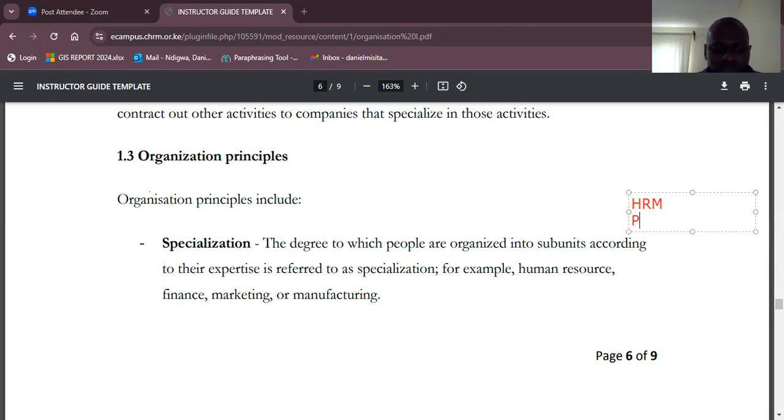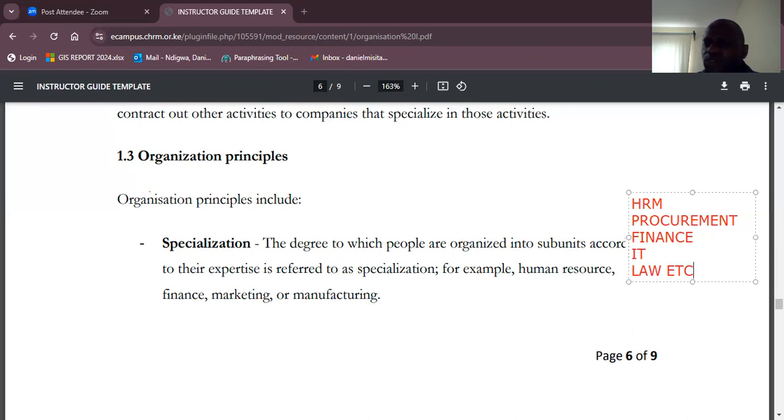We have procurement, which is also a profession. We have other professions like finance, IT, law, etc.